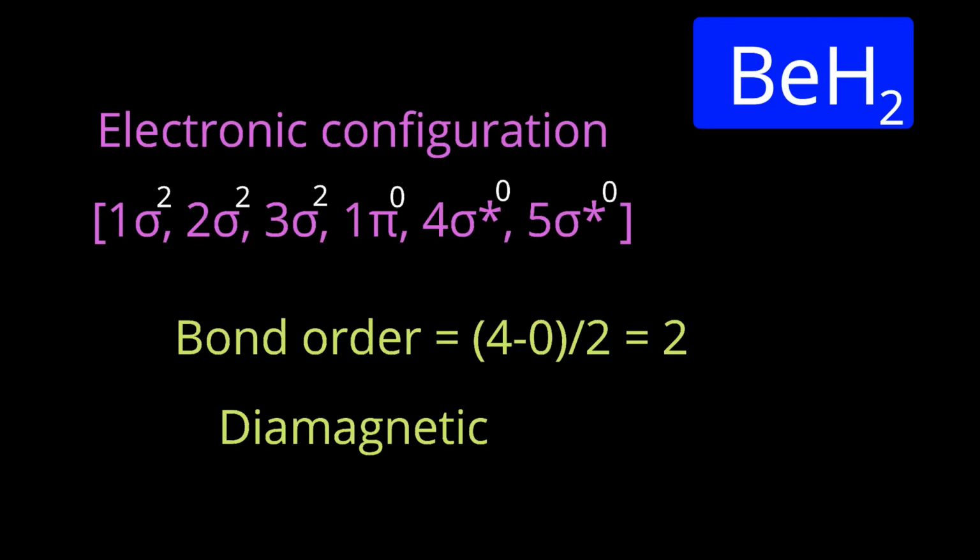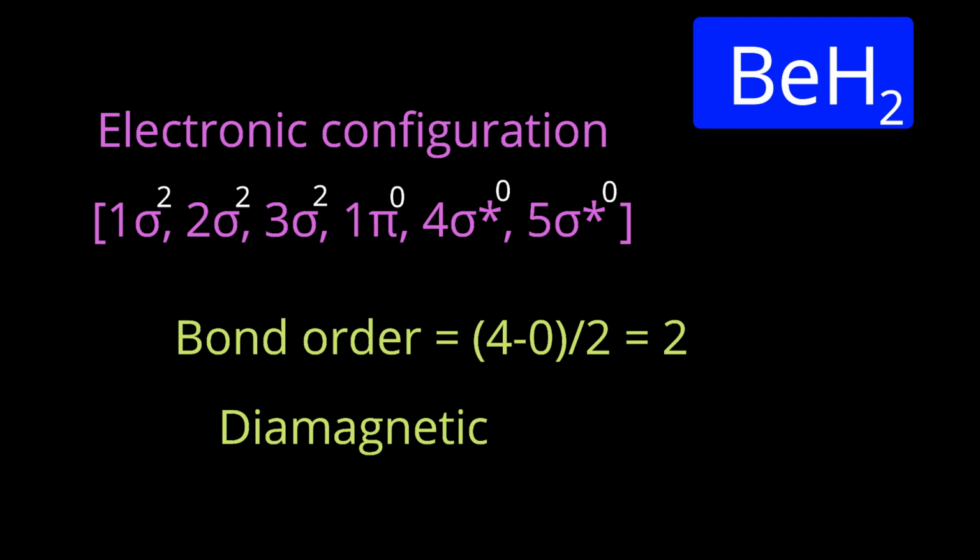Yes, find the bond order now. What is the magnetic property of BeH2? What is the electronic configuration for BeH2? 1 sigma 2, 2 sigma 2, 3 sigma 2, 1 pi 0, 4 sigma star 0, 5 sigma star 0.